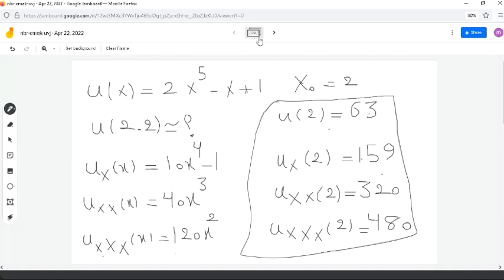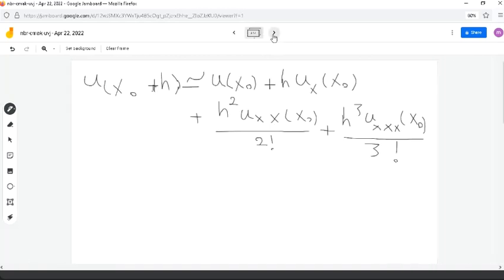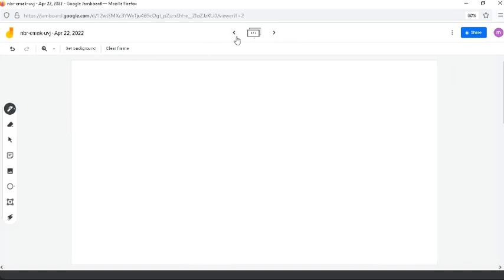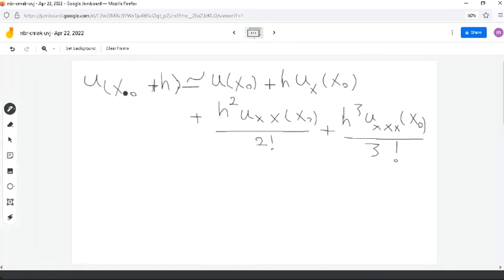Based on the Taylor series, u(x0 plus h) is approximated by u(x0) plus h u_x(x0) plus h^2 u_xx(x0) over 2 factorial plus h^3 u triple x(x0) over 3 factorial. We put x0 is 2, okay?